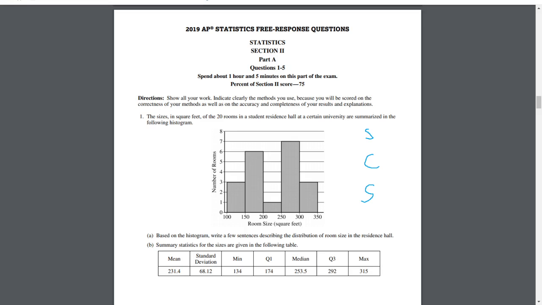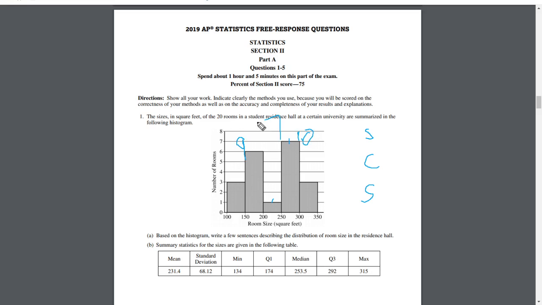Center. So with bimodal, it's always a little weird. We can talk about the center here because the histogram is small enough where we know that the center is going to be somewhere in one of these 2. Right, because there's 9 over here, and 10 in those 2.